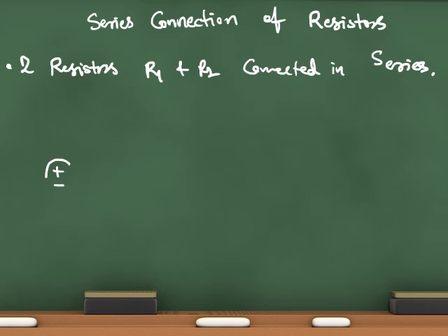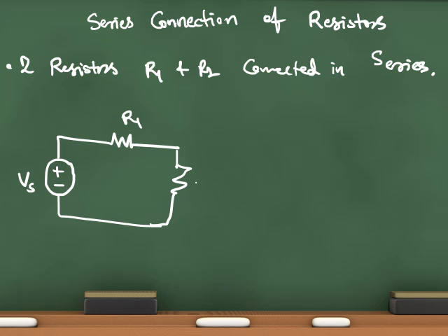Say it is a battery, the voltage is Vs as it is the source, R1 and R2, and I can draw this R1 R2. The current will be the same throughout the loop, and the voltage across R1 is V1. The current through the loop is I, and the voltage across R2 is V2.